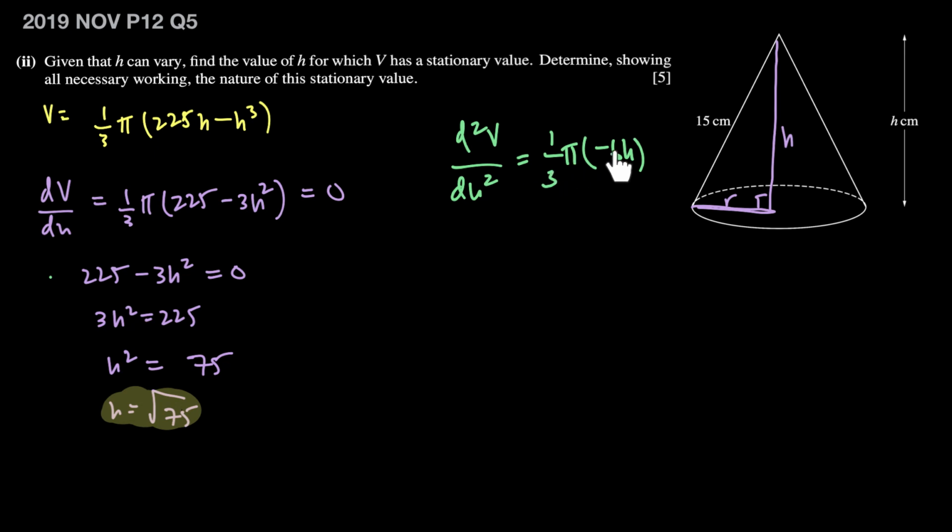Now, if you plug in this value of h over here, what we end up with is a negative value. So we know that the second derivative at this particular value of h is a negative value. That means that this stationary point must be a maximum. So that's your answer.